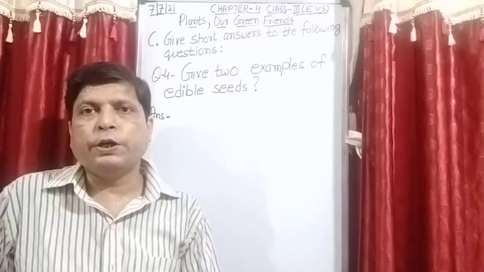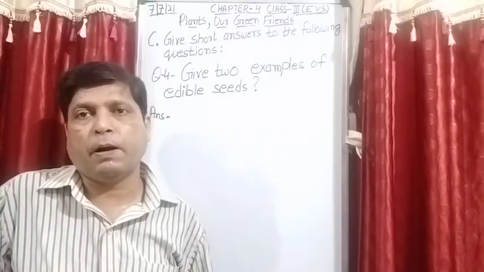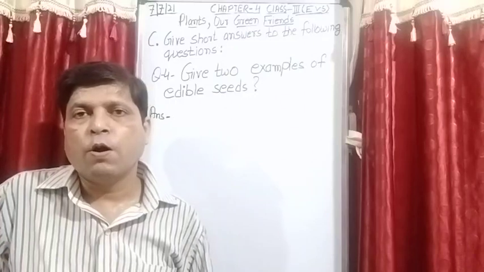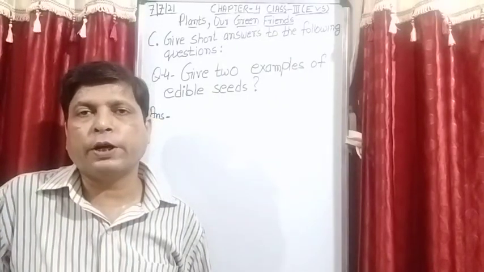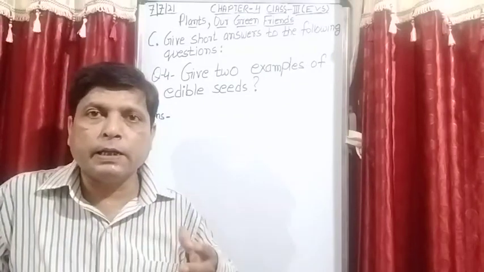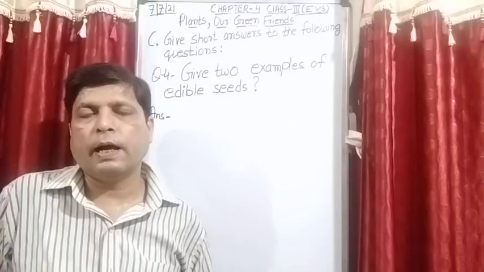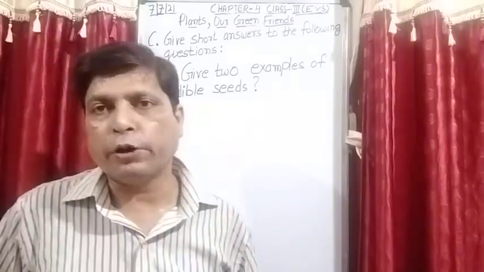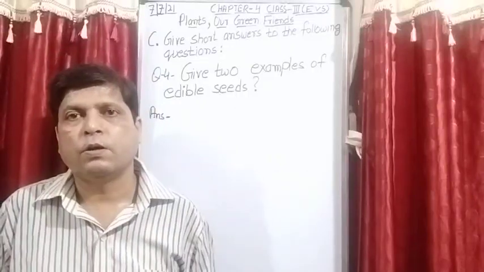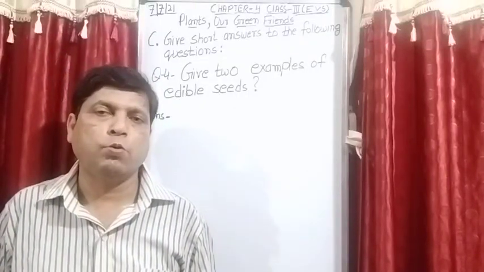Even the seeds of the plant we eat. Why is seed very important? Because from the seed new baby plants come out. That is the reason seeds are very important for the plants. So we eat seeds of the plant also.